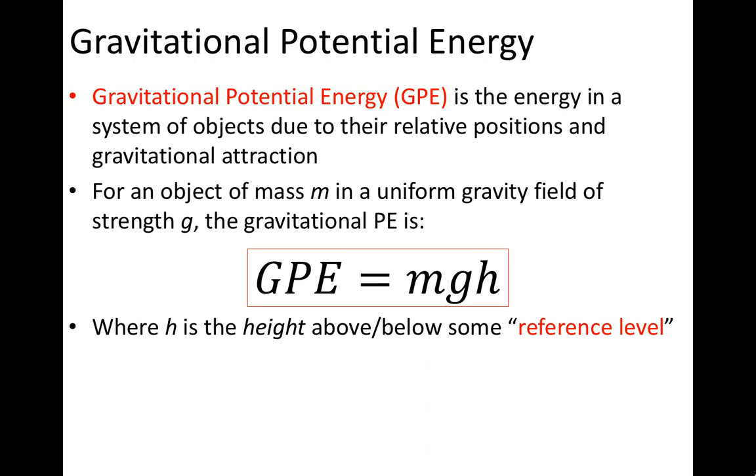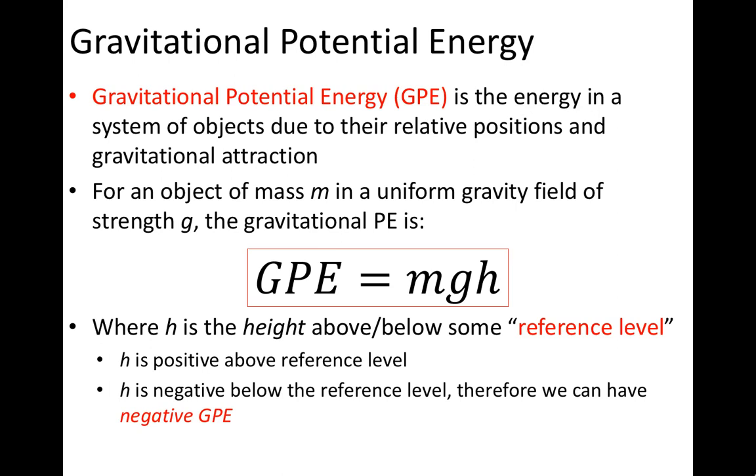And if you're doing a problem on your own, you get to pick where the reference level is. But if we have to calculate GPE on a test, then we will have to define for you what the reference level is. So H is going to be a positive number if we are above the reference level, which would give us a positive gravitational potential energy.